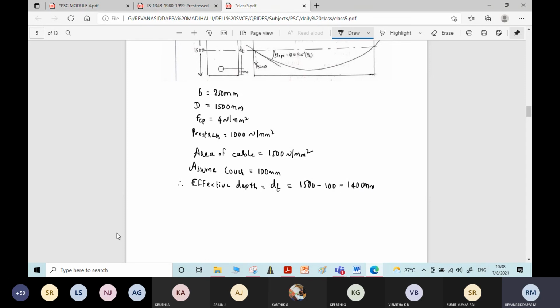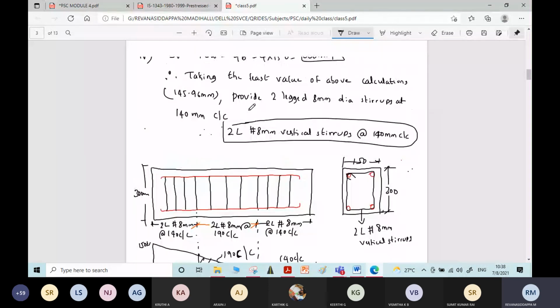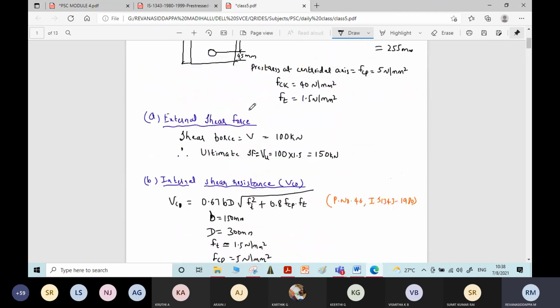Now you follow the procedure. First you calculate the external shear force. Step 1, external shear force.